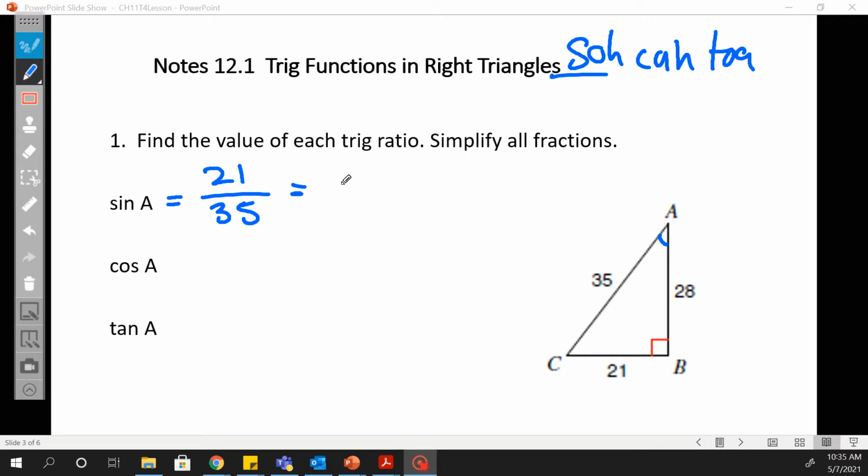Of course that can be simplified because these are both divisible by 7, giving 3 over 5. So the sine of angle A, the ratio of the sides, is 3 over 5.